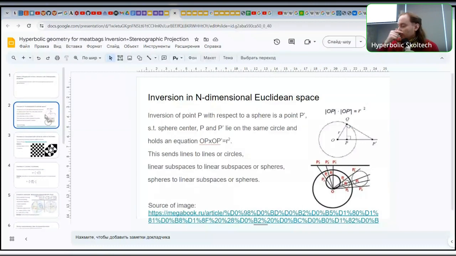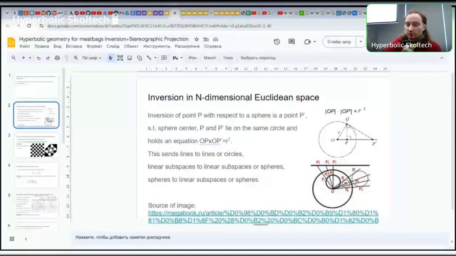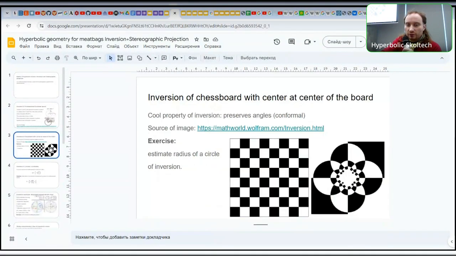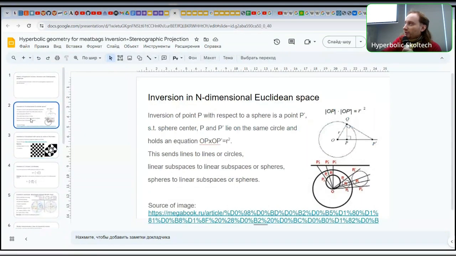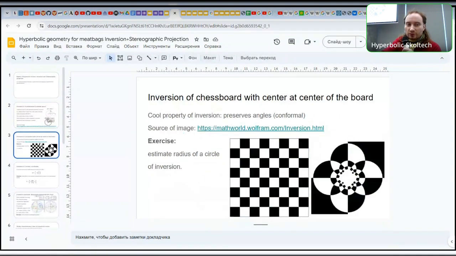Inversion is a space transformation which is defined like this on the picture here, and it is basically, for at least three models of hyperbolic space, like a mirror symmetry with respect to the hyperplane.